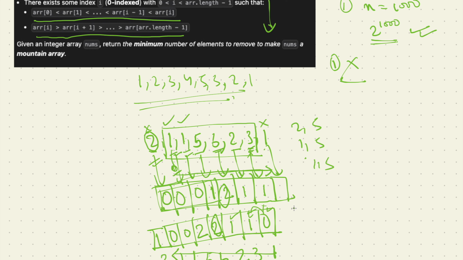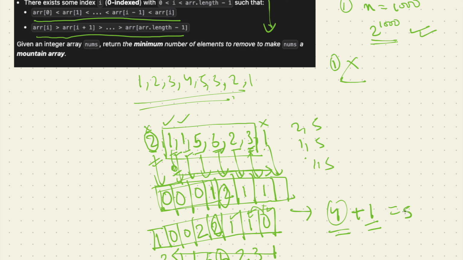So the maximum length of the array which gives us a mountain array is 4, right? Is it 4? No, it's not 4 actually. So it's 2 plus 2 plus 1. Why 1? Because we need to take the peak element as well, which is 1.